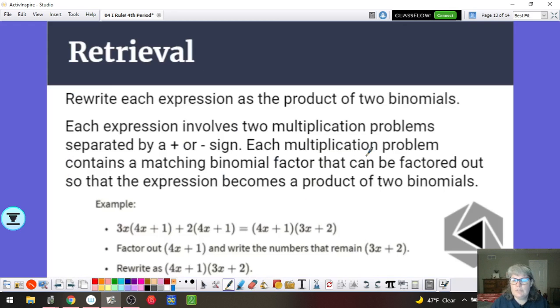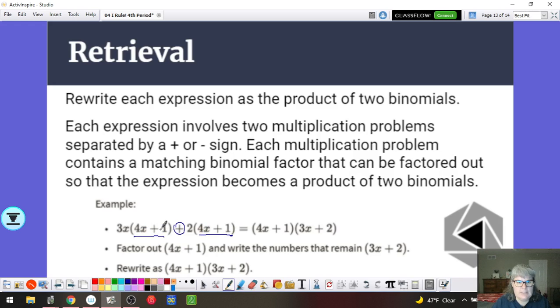So the first part of the retrieval is writing an expression as the product of 2 binomials. So each expression here involves, or in your assignment, will have a positive or a negative sign between 2 items that are being multiplied. We also see that there's a matching factor.